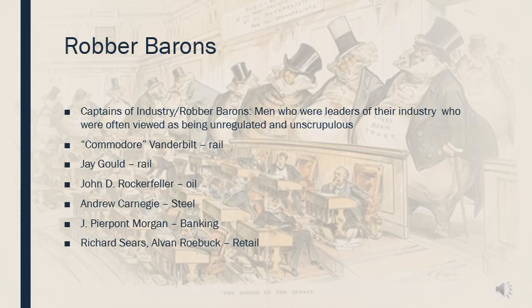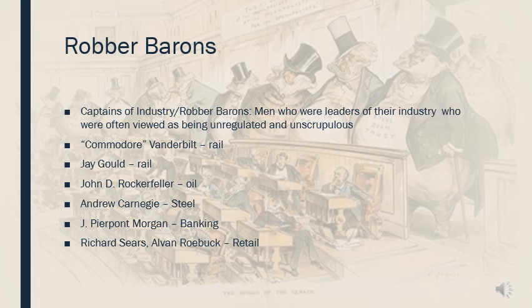If they were a captain of industry, they were seen as these behemoth men, these admirable guys who picked themselves up by their bootstraps and were able to create this massive amount of wealth on their own. If they were bad guys in your eyes, they created that wealth off of the backs of others whom they underpaid and created poor working conditions and living conditions for. They were often seen as unregulated, corrupt, and unscrupulous.